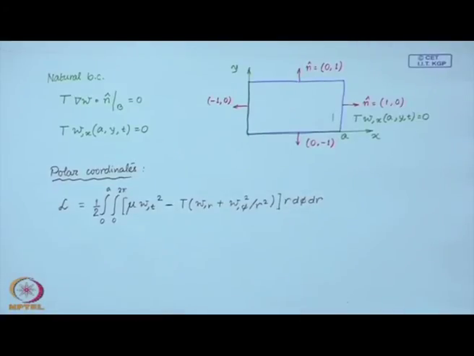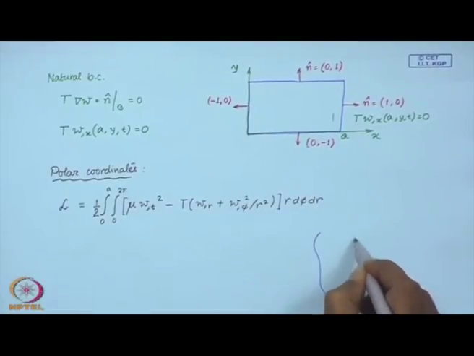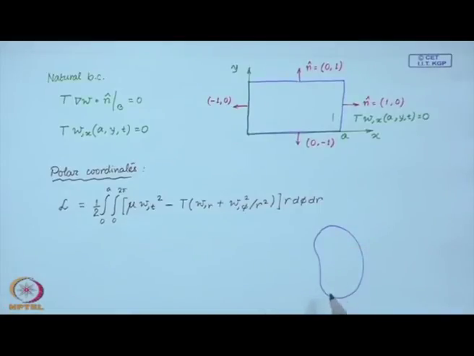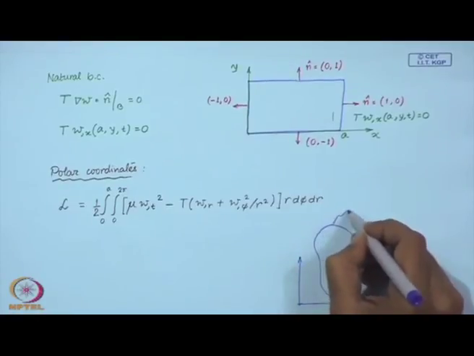Now, in the general case, suppose you have an arbitrary boundary. So, if you have an arbitrary membrane, then this is the boundary.